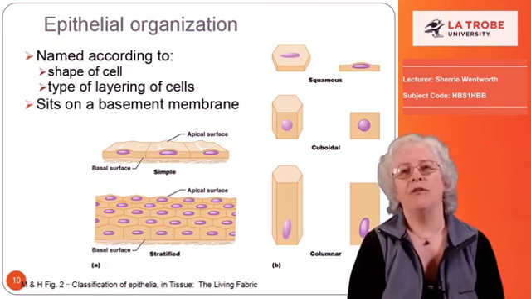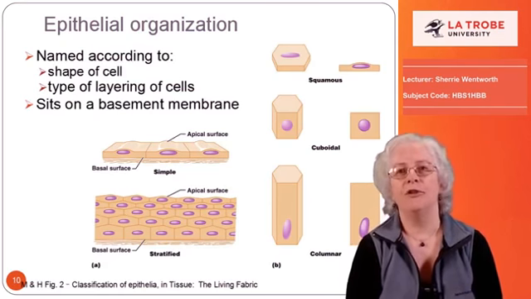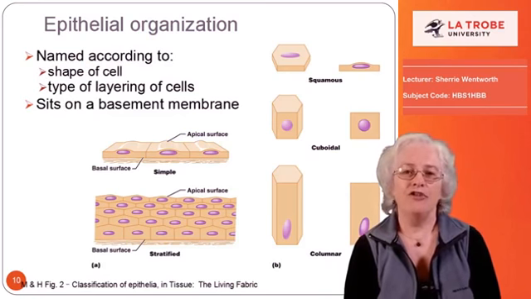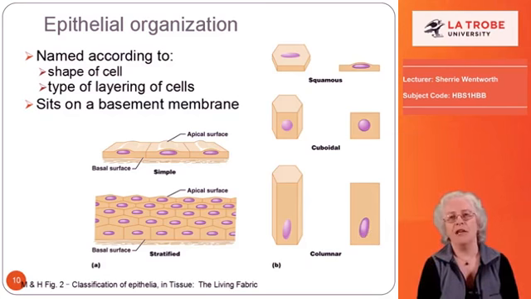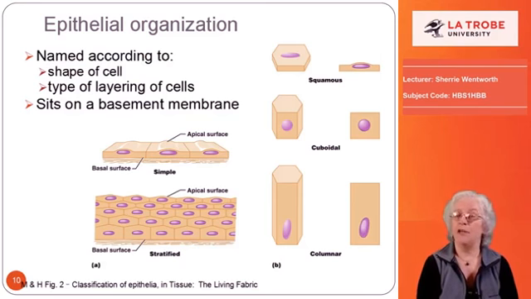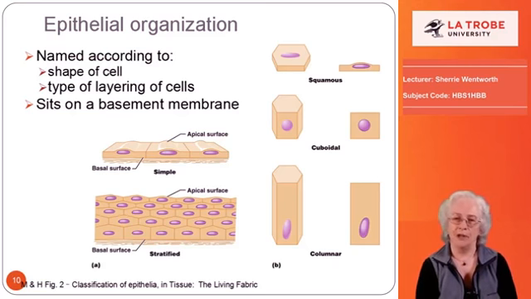If you look at simple diagrams, and all the diagrams in this presentation are taken from your text, Marieb and Hoehn, we can show you the naming of the epithelial tissues. They are basically organised by the type of cell that's present, and we can look at the idea of a flat cell being a squamous cell, a cube-shaped cell, a cuboidal cell, and a cell that's elongated, so columnar.